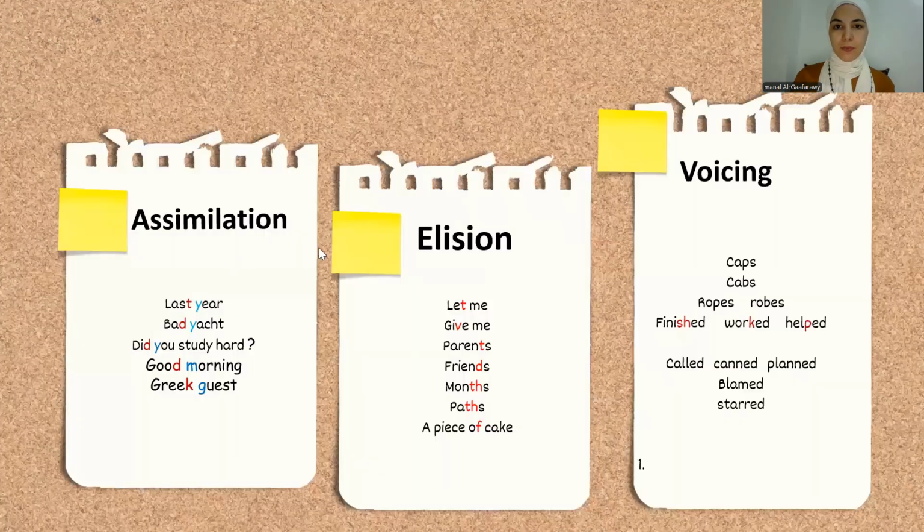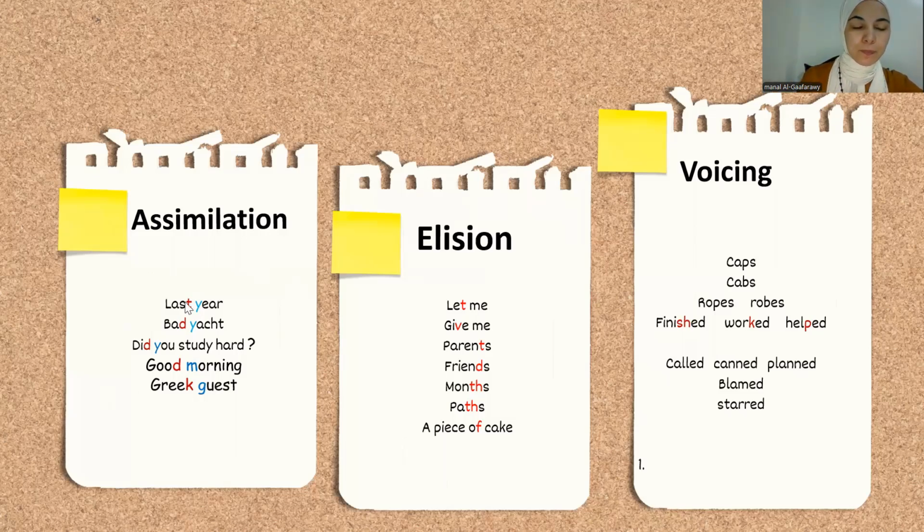Okay, and other features related to fluency and connected speech include assimilation. Assimilation means that we have two consonants at the borders of two syllables or two words, and the following consonant exerts some influence on the preceding consonant, changing it altogether into a totally different sound.